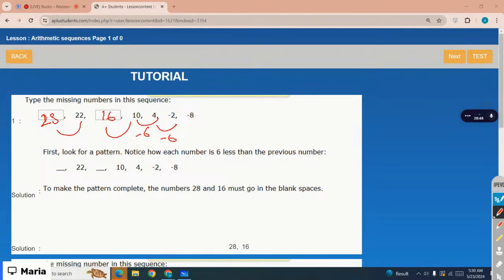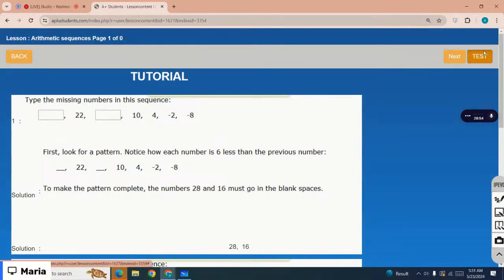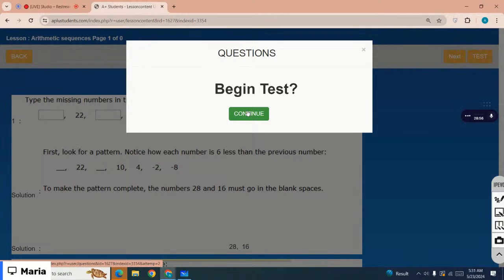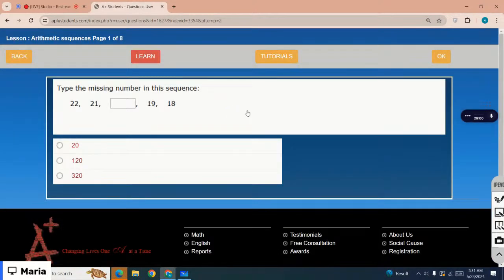Okay, let's just start with the practice questions. Type the missing number in the sequence. So which number is missing? The pattern is decreasing by 1.